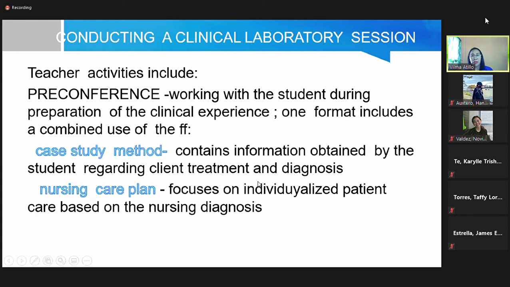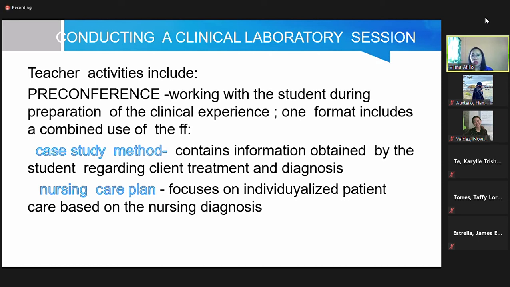Okay? Conducting a clinical laboratory session, teachers' activities includes pre-conferences. This is before or after the endorsement before you will go to your particular student, a patient. Working with the students during the preparation of the clinical experience. Case study method.